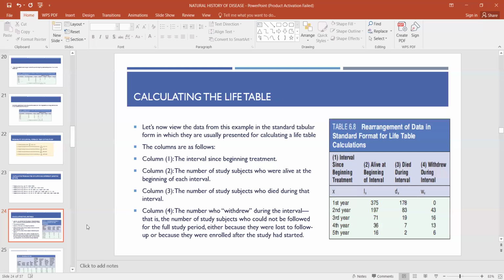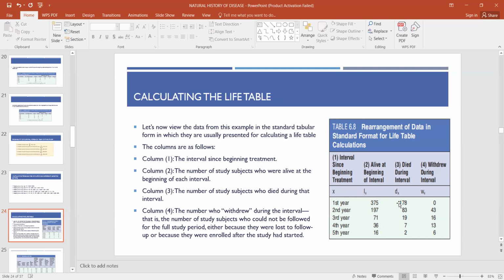Calculating the life table. Let's now view the data from the example in the standard table in which they are usually presented for calculating a life table. The columns are as follows. Column 1, the interval since the beginning of the treatment, that is first year, second year, third year, fourth year, and final year. Column 2, the number of patients who are alive at the beginning of each interval.